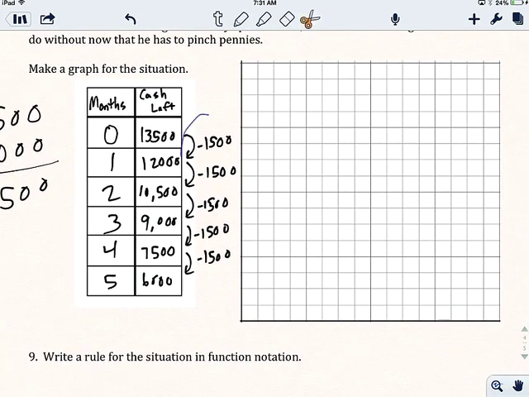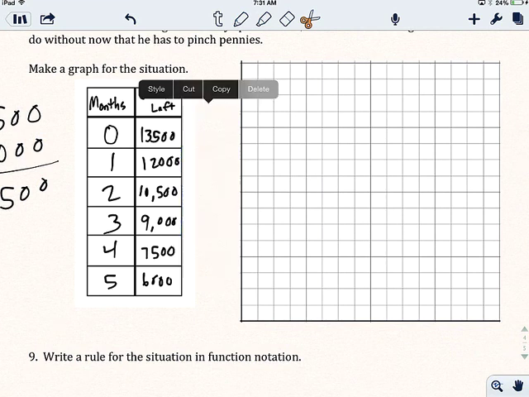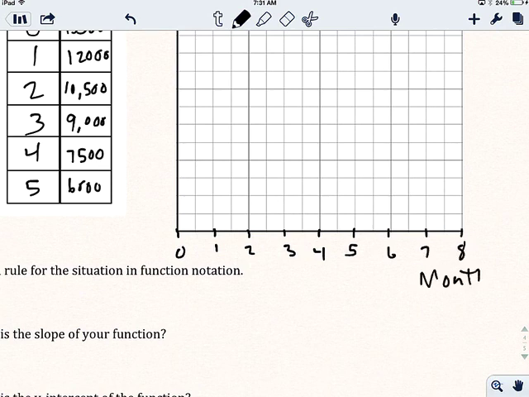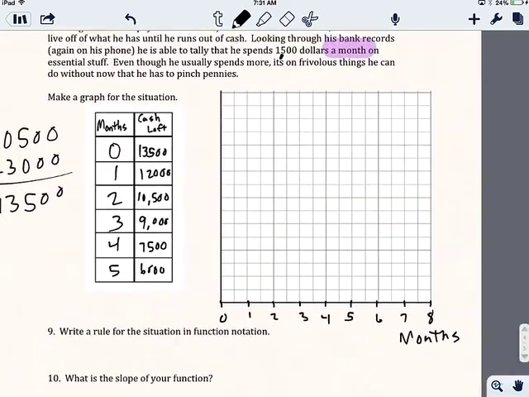And so I think I might need to get rid of this stuff so that I can label my axes. So I know I need to get up to 5 months here, so I'll do 0, 1, 2, 3, 4, 5, and then we'll just do 6, 7, and 8 here, and that's my months because it's the input or the independent variable.